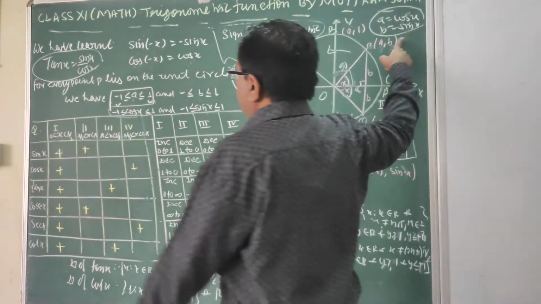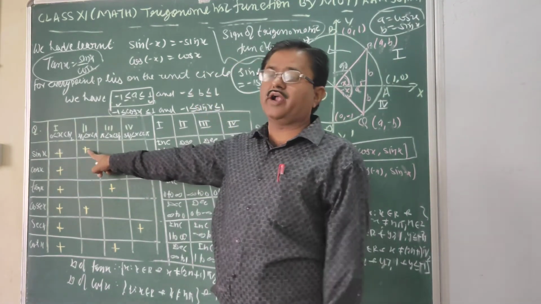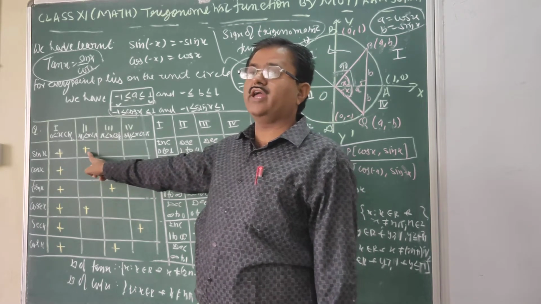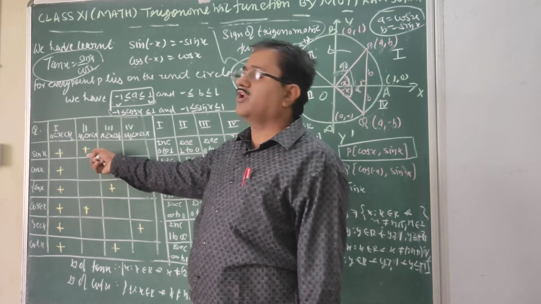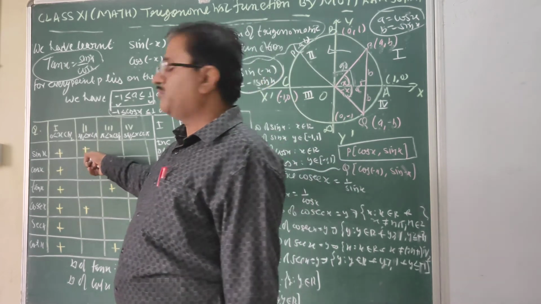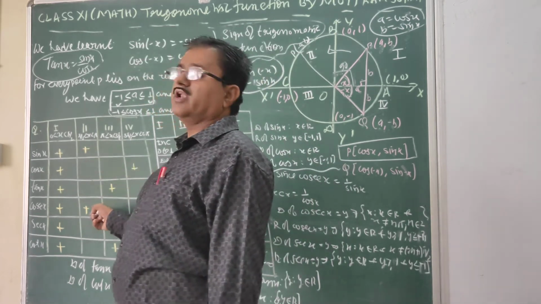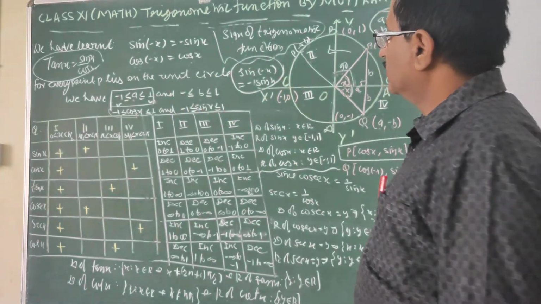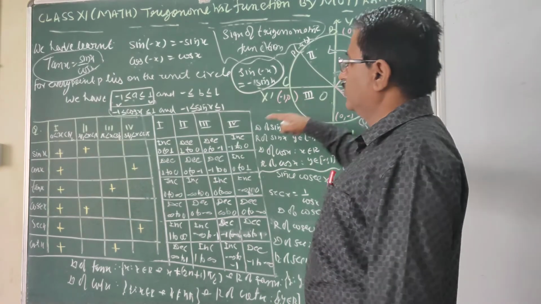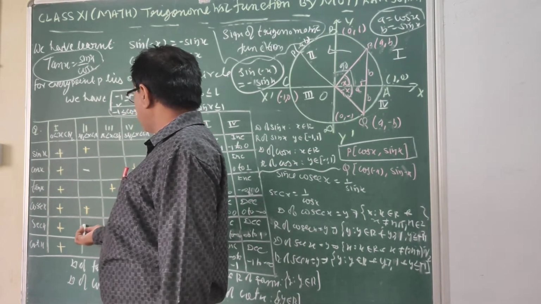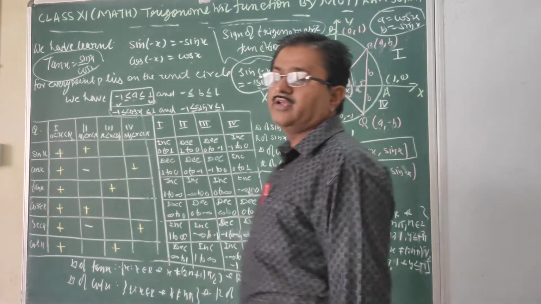So sin will be positive. So in the second quadrant, we have written sin plus. So sin x will be positive and its reciprocal cosec x will also be positive, since the reciprocal of a positive number is positive. Now cos is negative. So if cos is negative, then the reciprocal of cos, sec x, will also be negative.